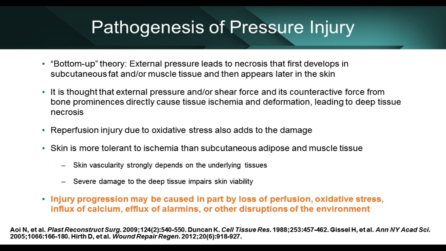The oxidative stress contributes to pressure injury pathophysiology. So the injury progression may be caused in part by loss of perfusion, oxidative stress, influx of calcium, efflux of alarmins, and other disruptions of the environment. So by this definition and this description, you can really see the complexity that goes into pressure injuries.